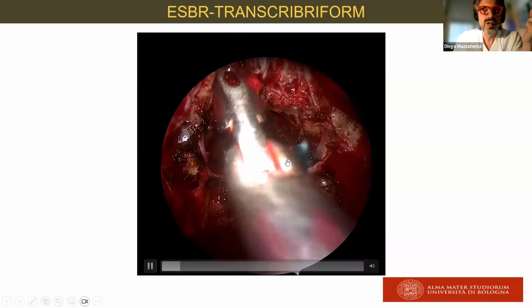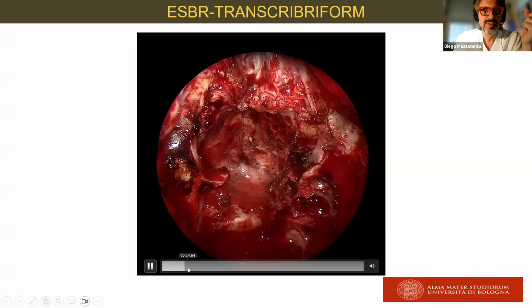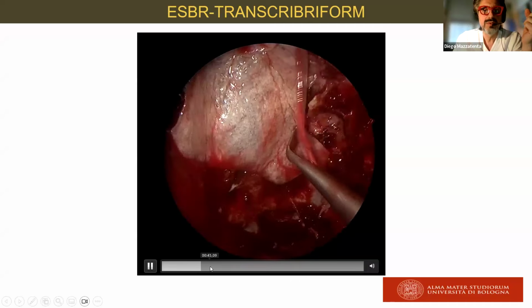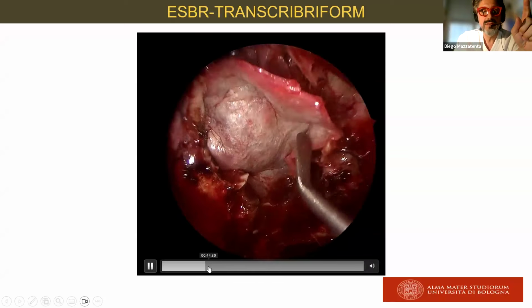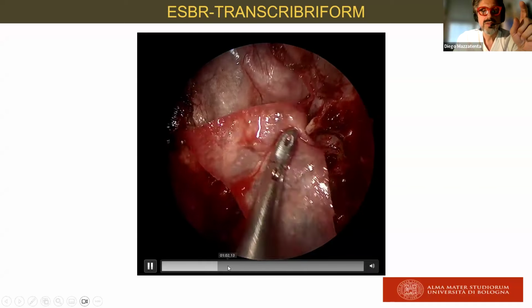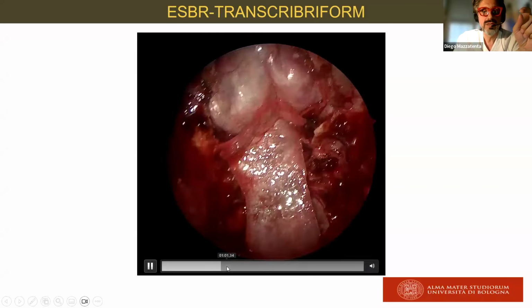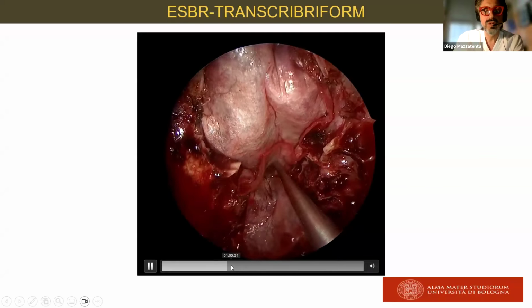And you can see the gyrus rectus, and we prepare the large defect using, in this case, Tabotamp, a heterologous material, intradurally. Second layer extradurally, between the dura mater and the bone.